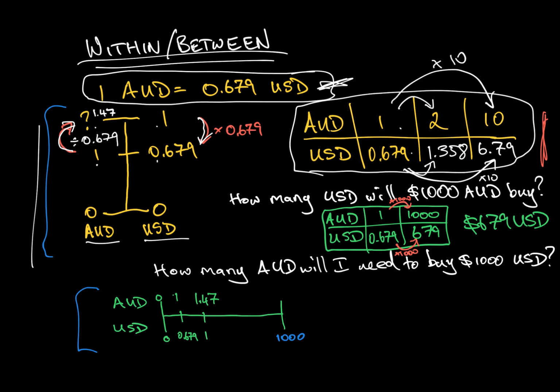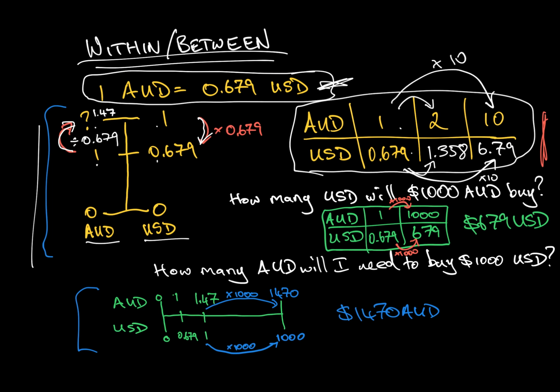Going from 1 US dollar to 1,000 US dollars, I'm going to multiply by 1,000. And of course I have to do the same up the top to keep things in proportion. So I'll multiply my 1.47 Australian dollars by 1,000 to get 1,470. So I'll need 1,470 Australian dollars in order to buy 1,000 US dollars.